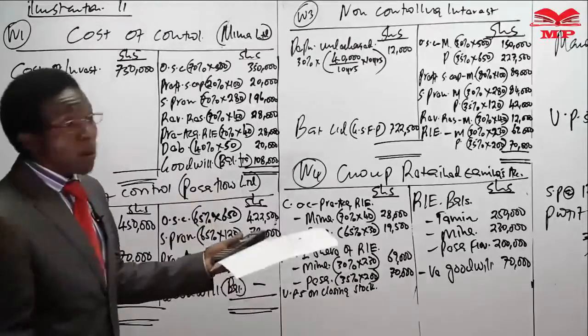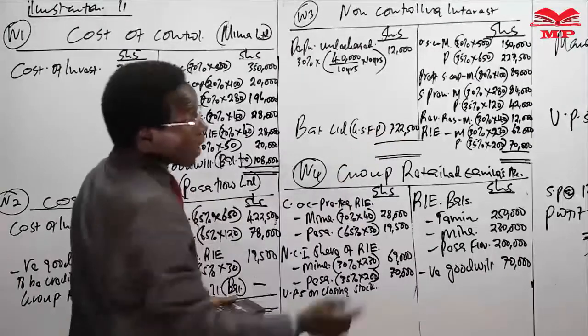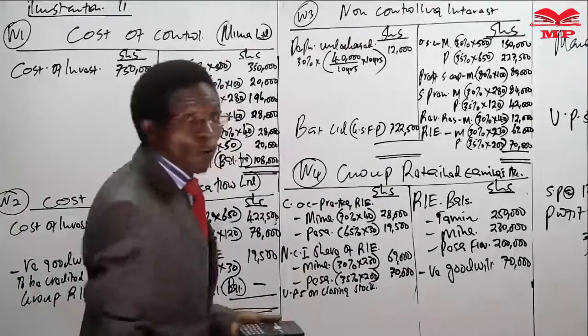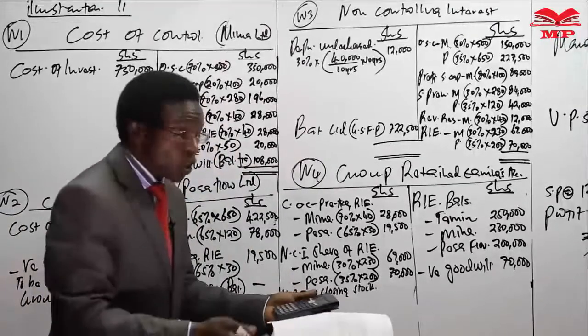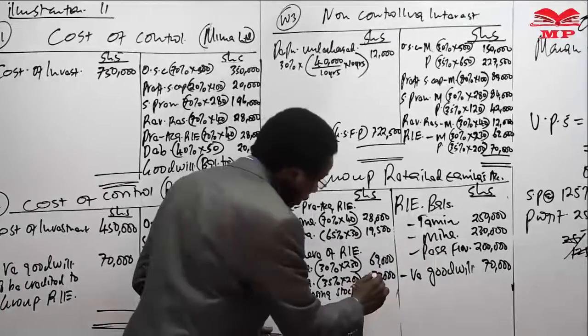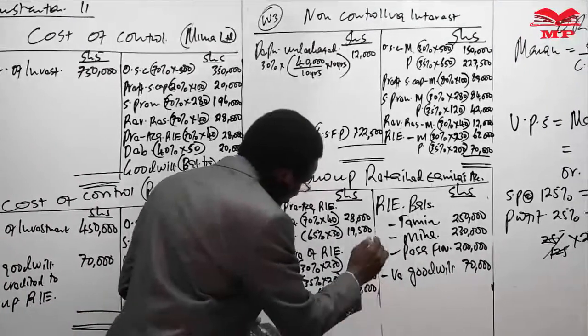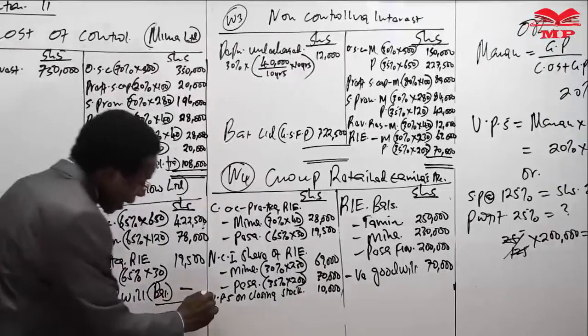Whether you use a markup or a margin, you will get the same unrealized profits, which we have calculated on the other side, as you can see, of 10,000. Because it was a downstream transaction, you don't adjust the group share, you just recognize the full amount. That's 10,000.